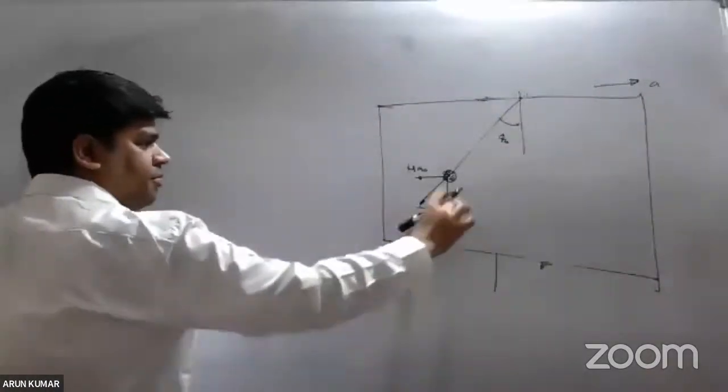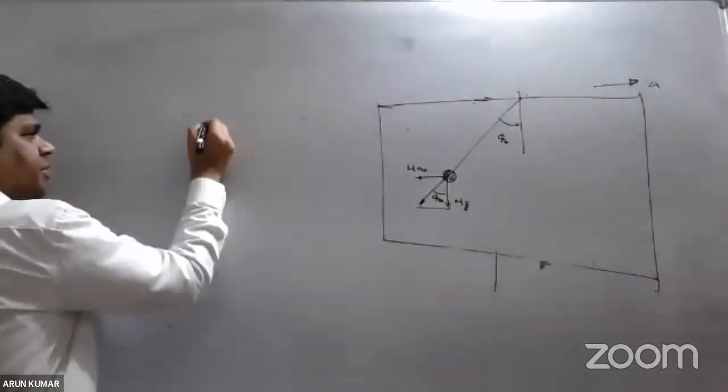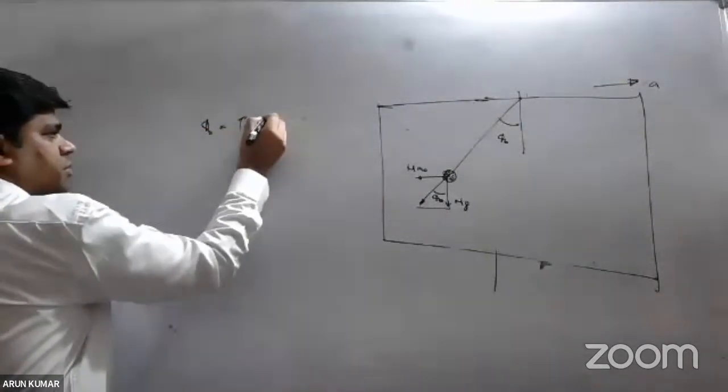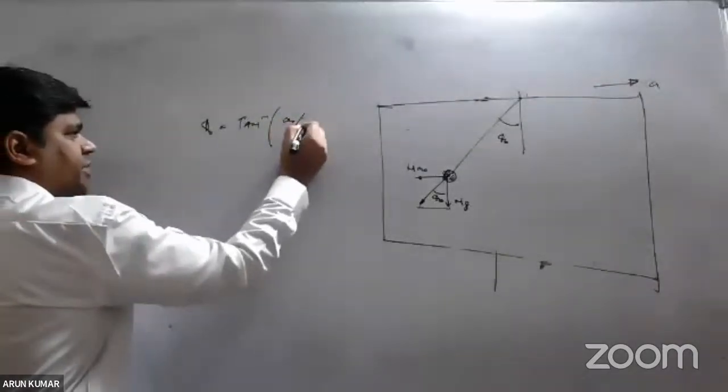Right? m a naught by mg is tan theta. So I'll get theta from there. So theta is tan inverse a naught by g.